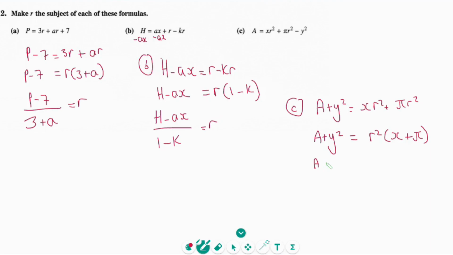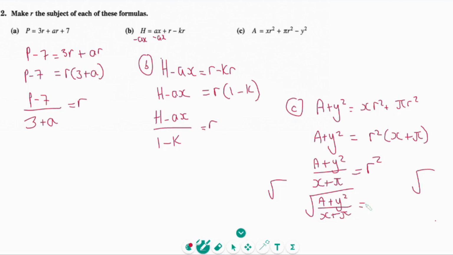Divide both sides by x plus pi. And now r's not quite the subject yet, because we need to reverse the square by square rooting both sides. So we've got the square root of a plus y squared all over x plus pi is equal to r.